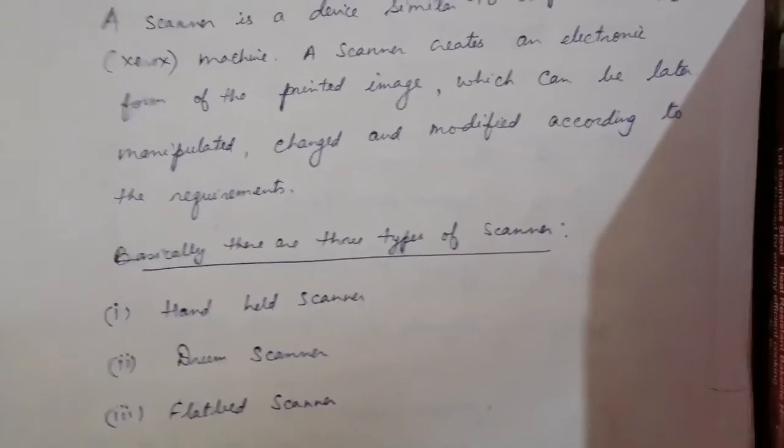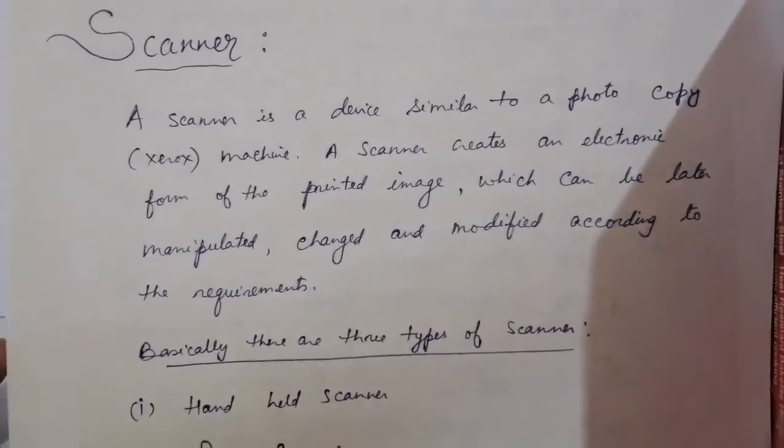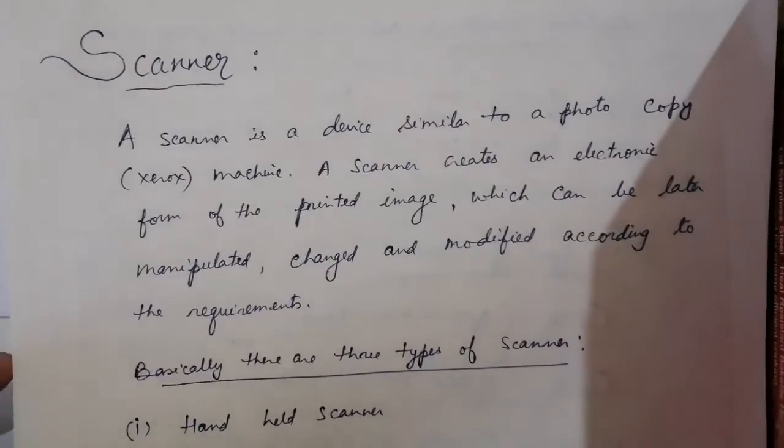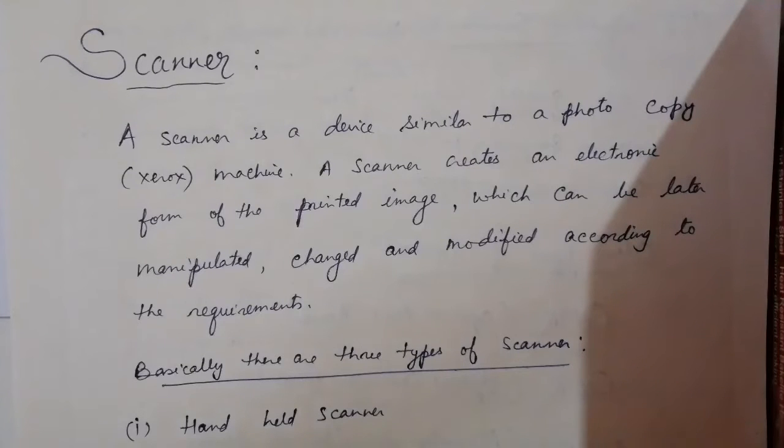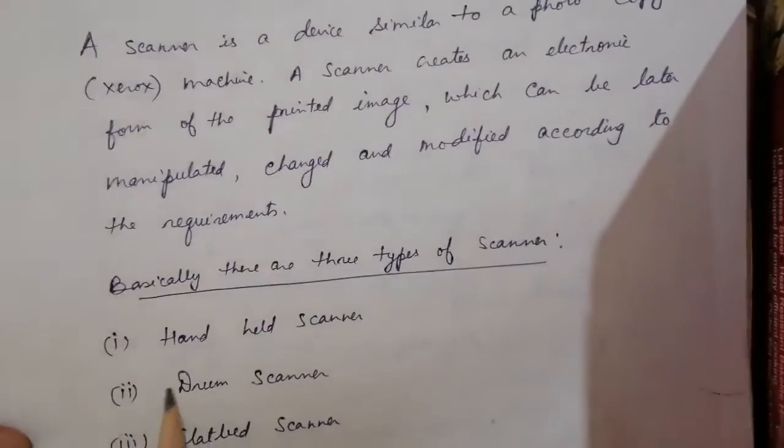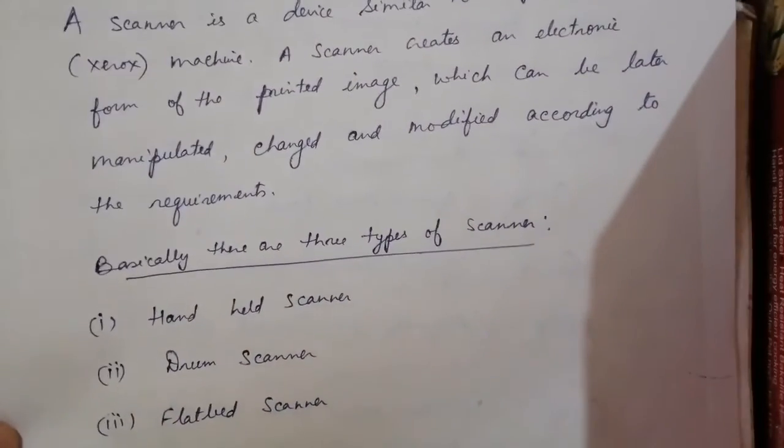Then next is the scanner, a very important one. Mouse, keyboard, then scanner, input devices. We all know that a scanner is an input device through which we can input photographs or any images, any document we can scan and put inside the computer, and then we can further edit the document or take a printout. Scanners are of three types: handheld scanner, drum scanner, and flatbed scanner.